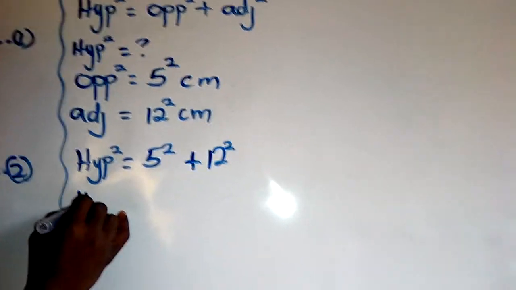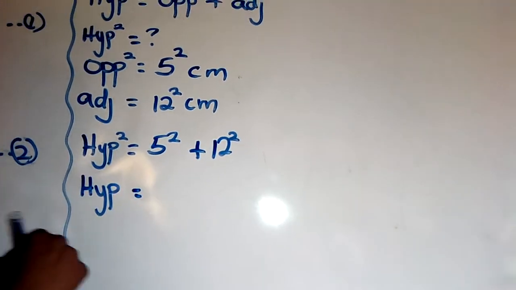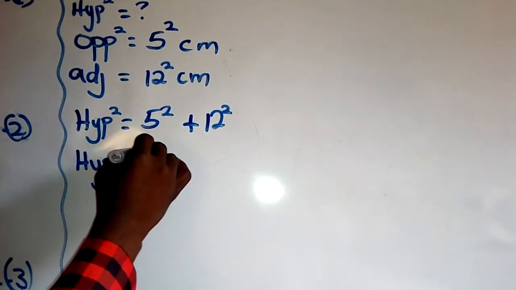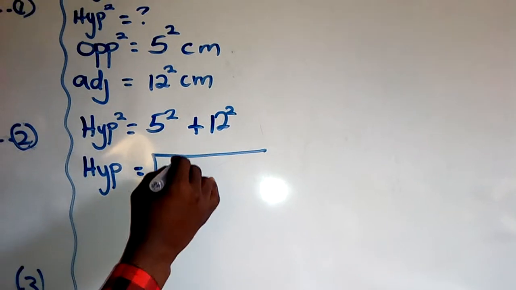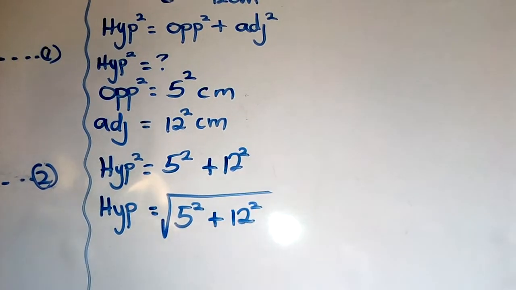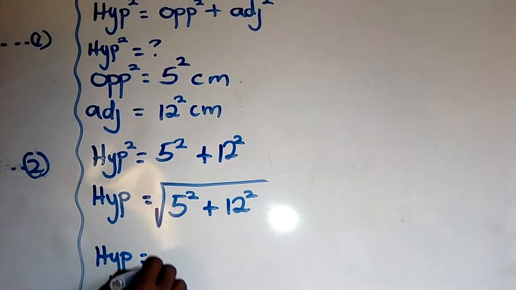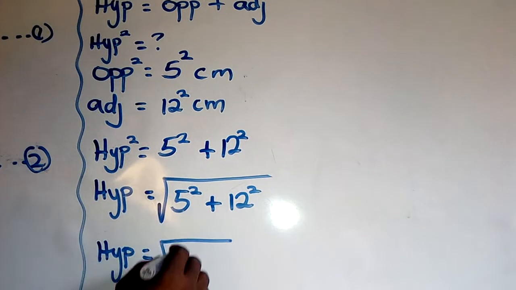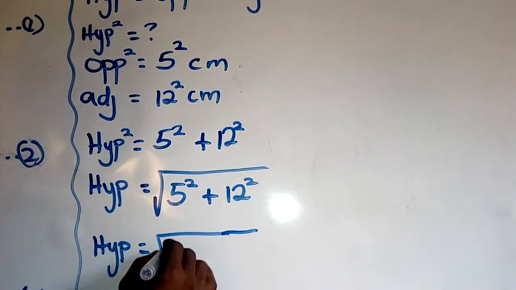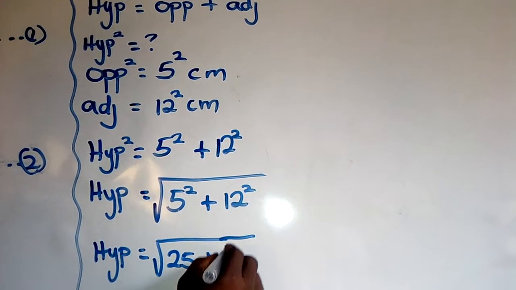So your hypotenuse will now be the square root of 5 squared plus 12 squared. 5 squared is 5 times 5, which is 25. 12 squared simply means 12 times 12, which is 144.